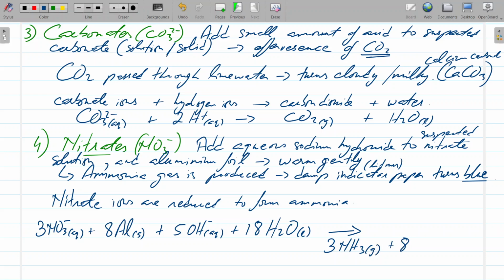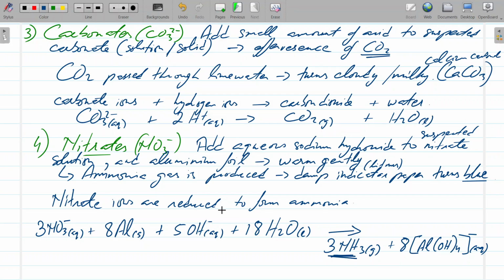and 8 hydrated aluminum. Or in fact, I shouldn't call it that, right? So basically what you're getting is this. Aluminum, right? OH4 minus, right? And so this, the production of the ammonia gas is what's going to tell us that, oh, it was a nitrate.